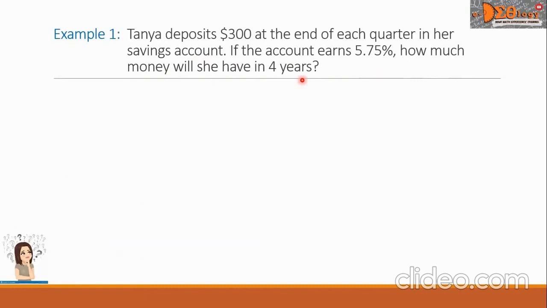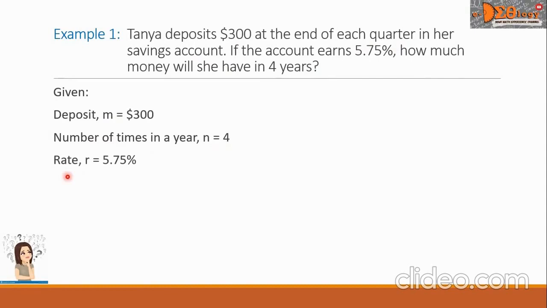First, let us write the given of the problem, starting with the deposit M, and that is $300. Next is the number of times in a year that Tanya will do the deposit, and that is quarterly. That's why we write here N equals 4.